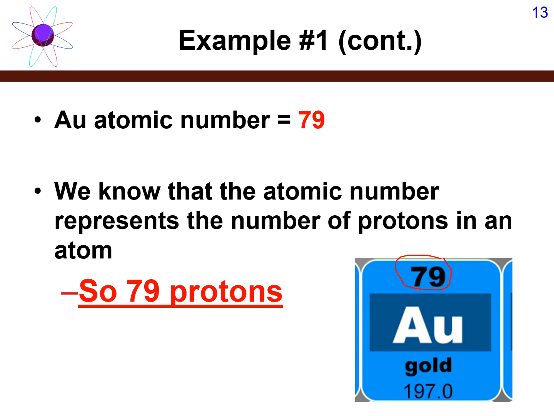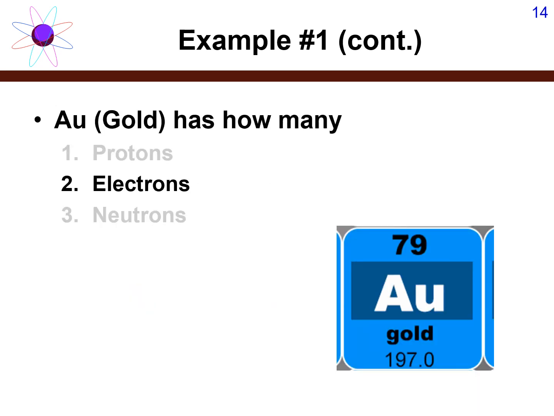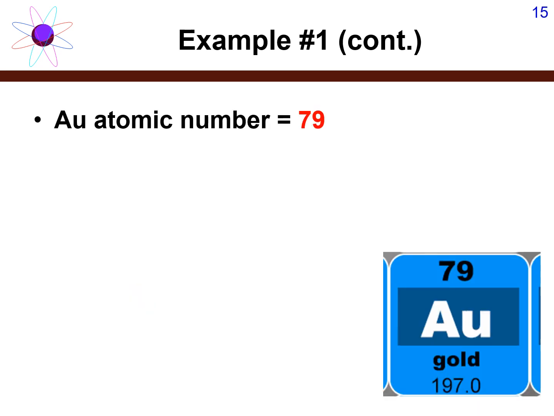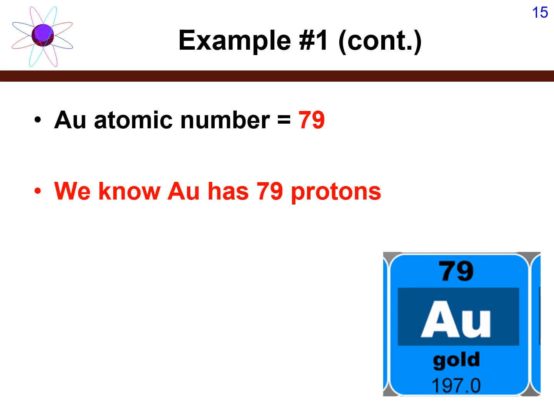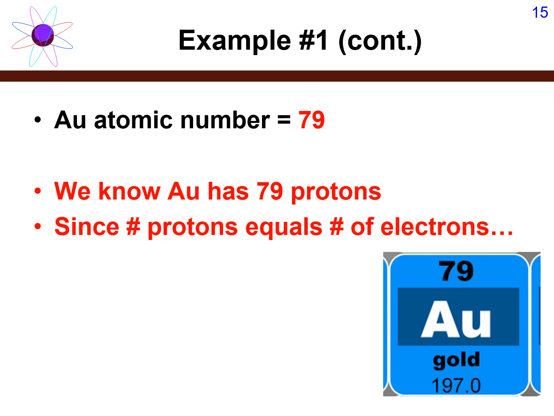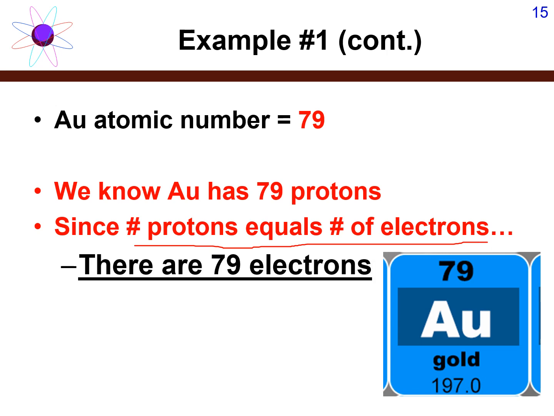So if the atomic number is 79 for gold, the number of protons for gold is also 79. If we look at electrons, well, our atomic number is 79, and then we know gold has 79 protons, and since the number of protons equals the number of electrons, they're the same number, then there are also 79 electrons. So 79 protons, 79 electrons.